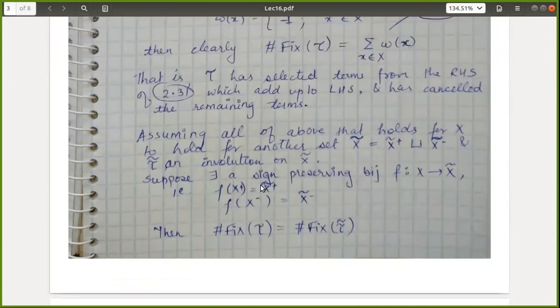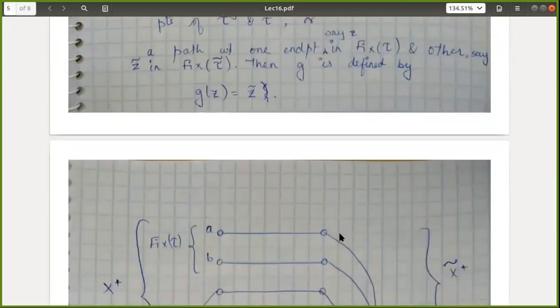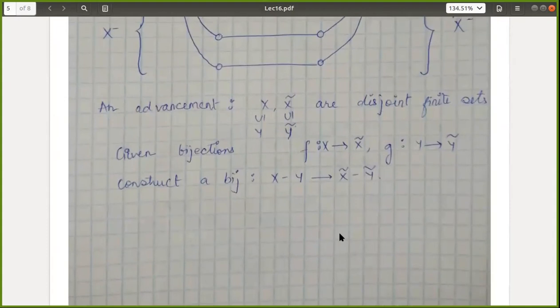And you figured out that there is a bijection between the fixed points of tau and fixed points of tau tilde.